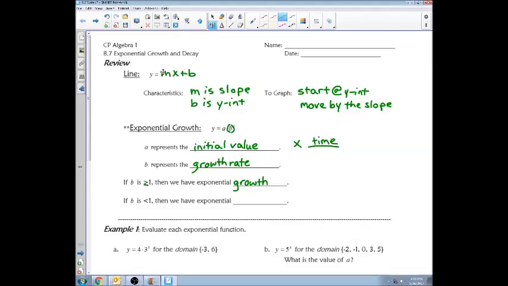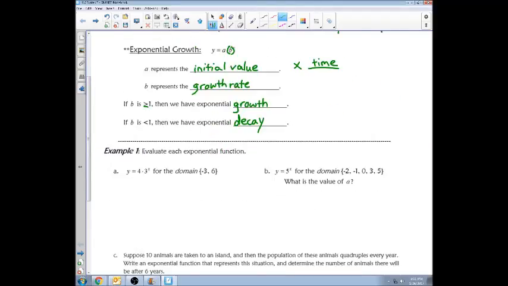If b, my growth rate, remember what's inside the parentheses, is less than 1, which means it'll be a decimal smaller than 1, like 0.9999 or under, then it'll be exponential decay. So if what's inside the parentheses is 1 or greater, it's growth. If it's less than 1, then it is decay.